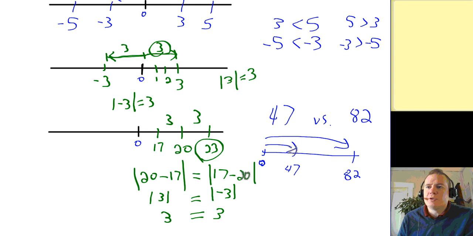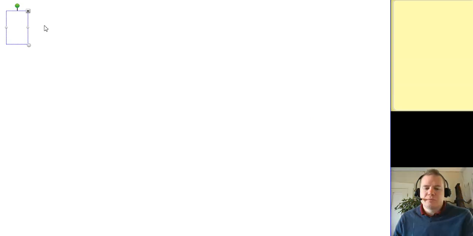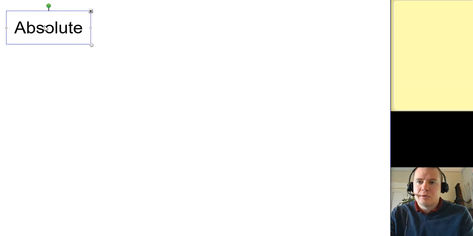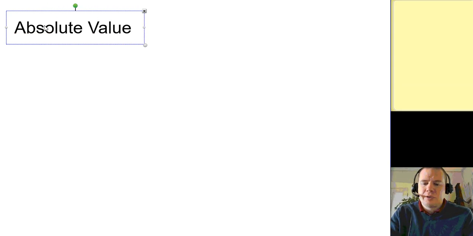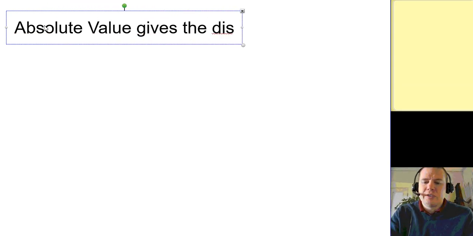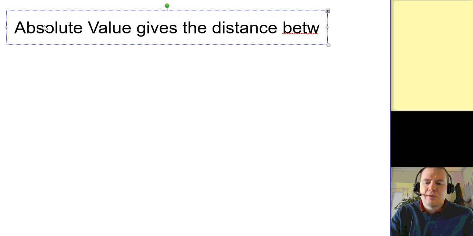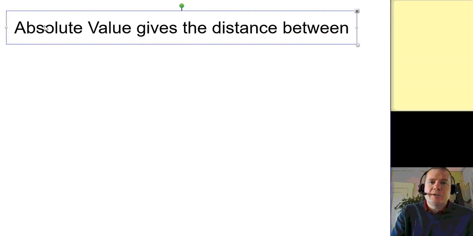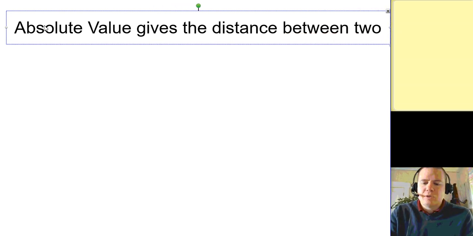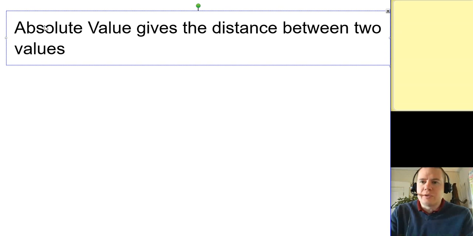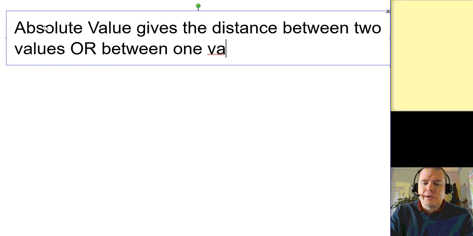So if I'm going to define this, I'll say absolute value gives the distance, either the distance between two values or between one value and 0.